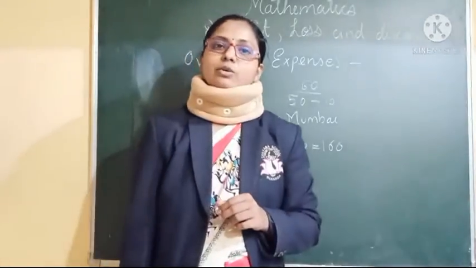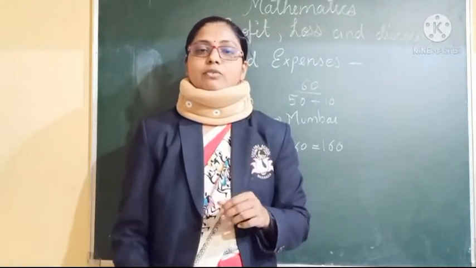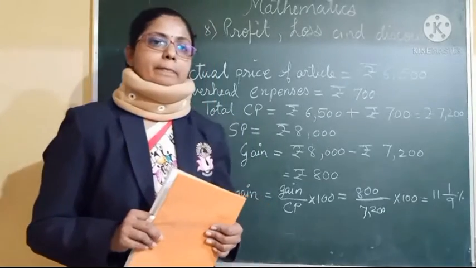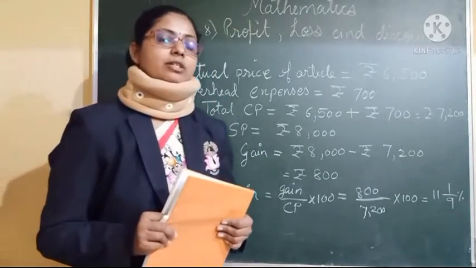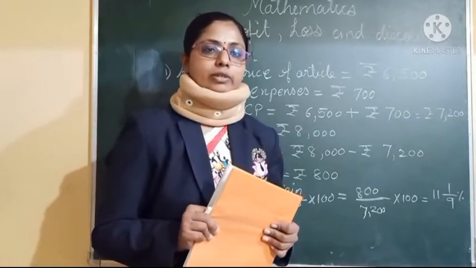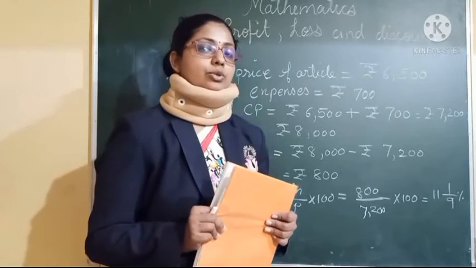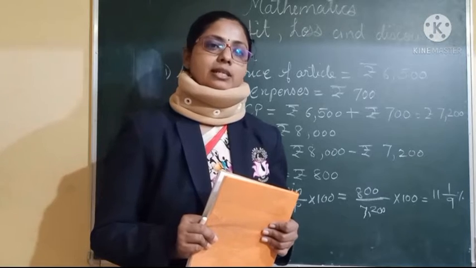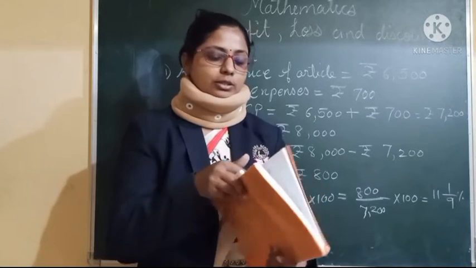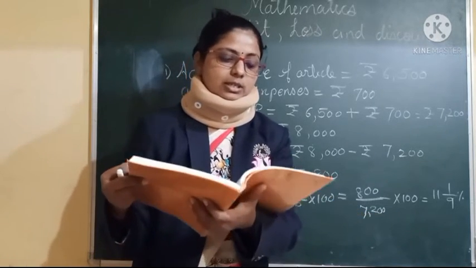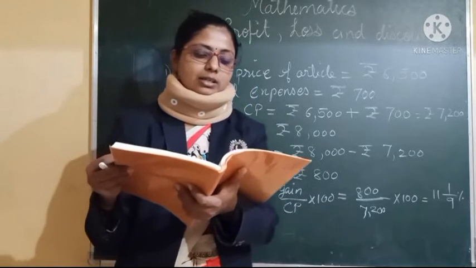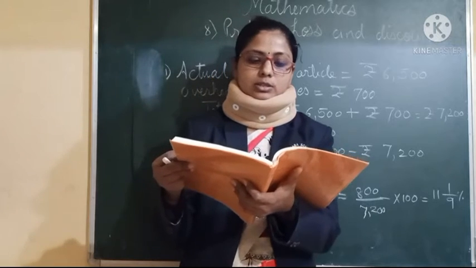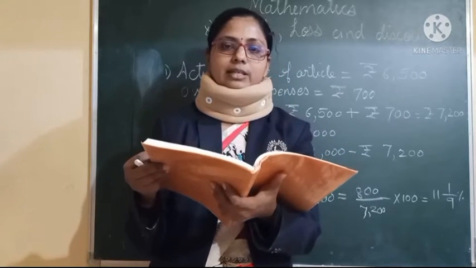This is known as overhead expenses. Related to this, we are going to solve one example, and from that you will understand what overhead expenses are. Now let us have a look at the example. Try to read it carefully and understand it. The question is: Raju goes from Agra to Delhi to buy an article which costs rupees 6,500 in Delhi.